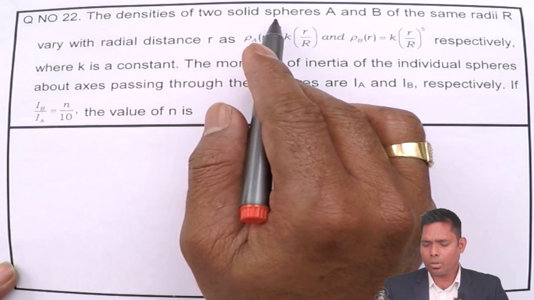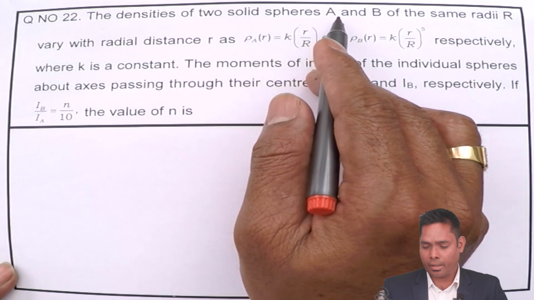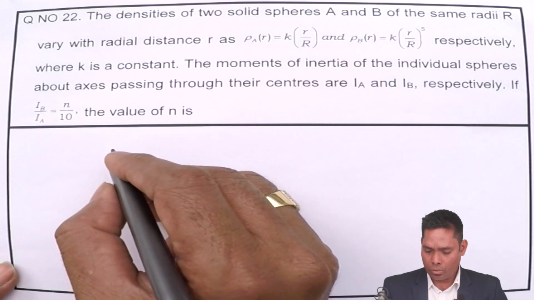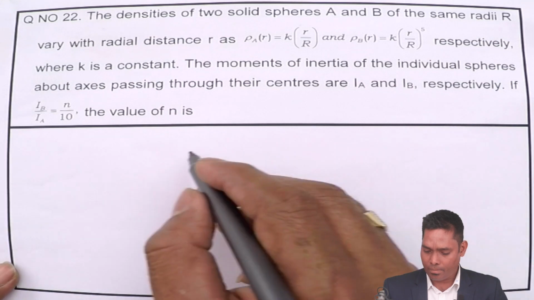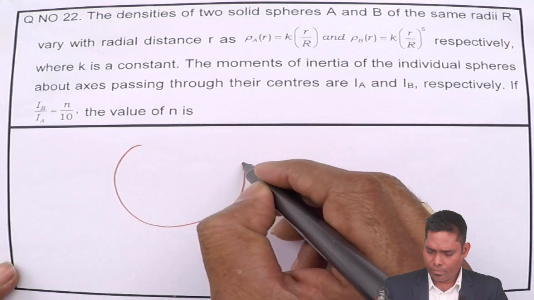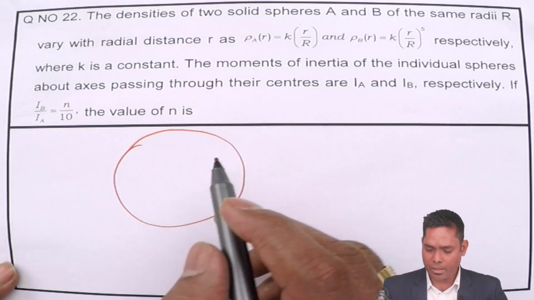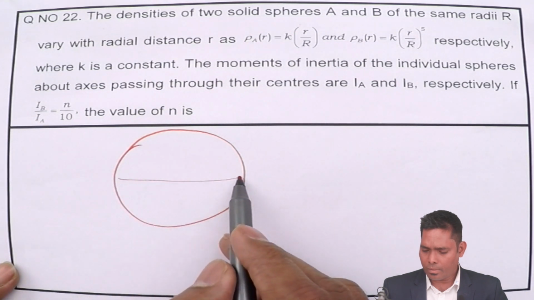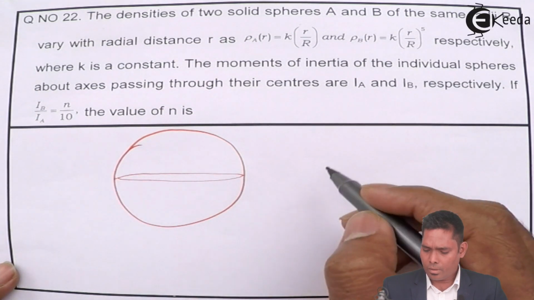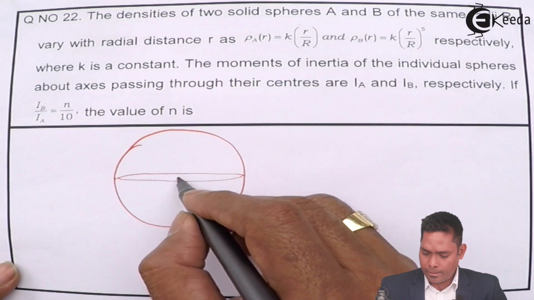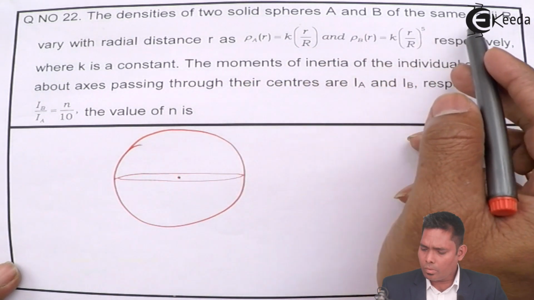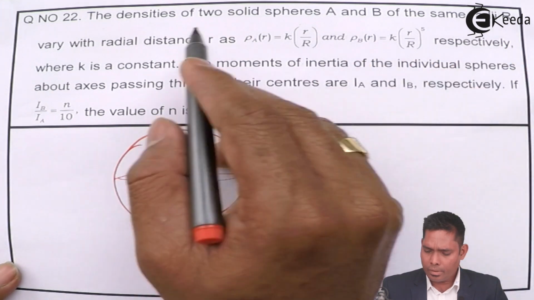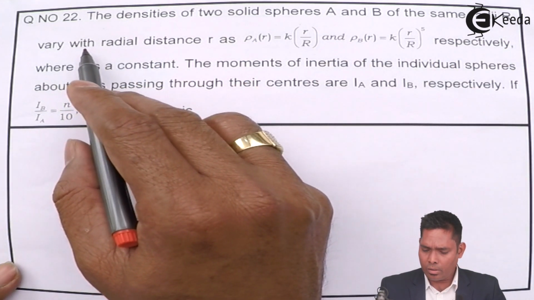the densities of two solid spheres are A and B. So we have got two solid spheres A and B of the same radius. Radius is the same.